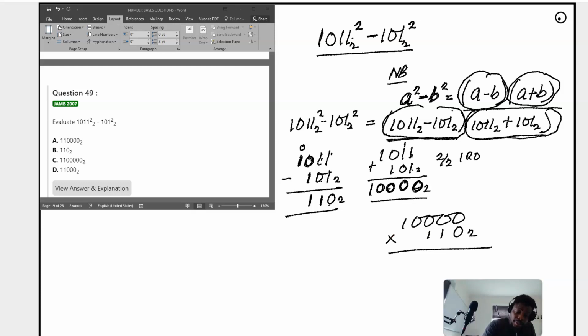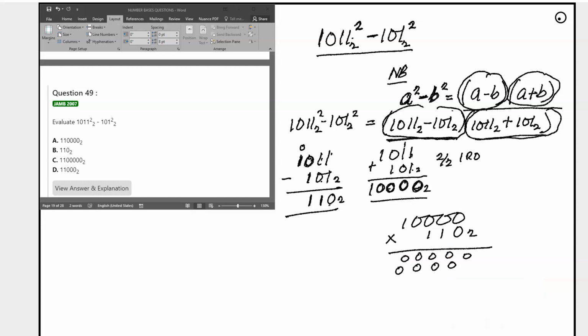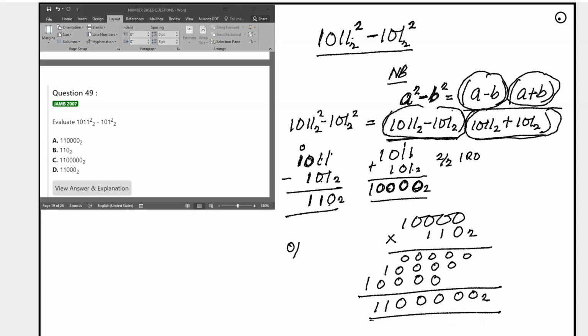Okay, so this is 00000, then 00001, and this is 00001. So here I have 0000011 in base 2. So our option is going to be option C.